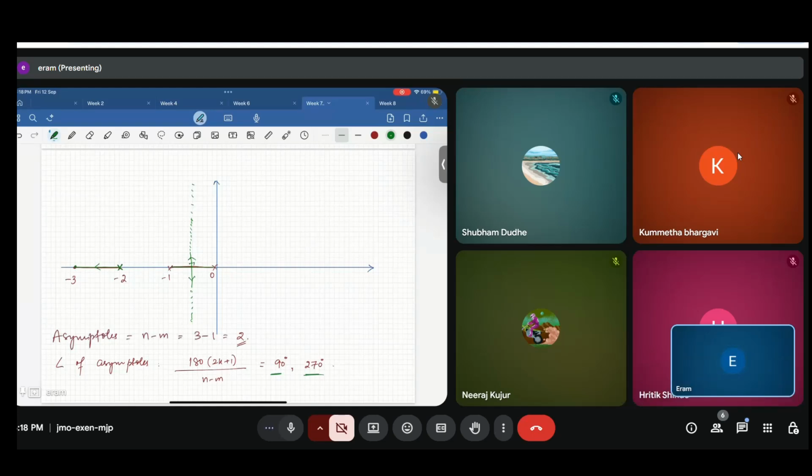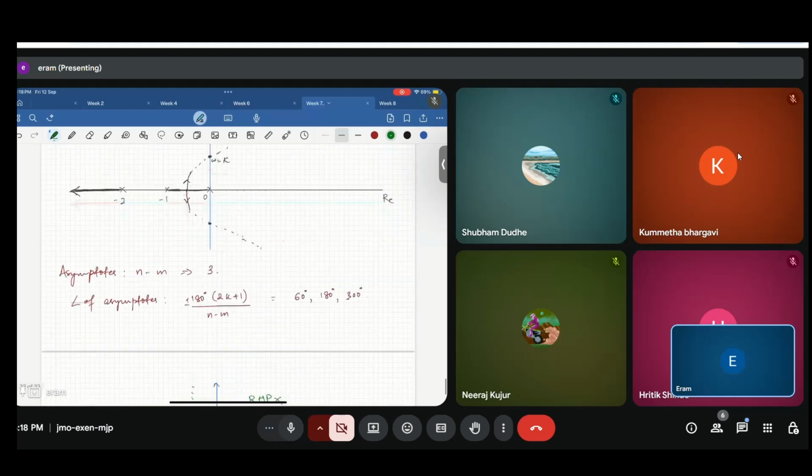So if you increase k, you will never cross the imaginary axis. And if you are not crossing the imaginary axis, you are not going to the right half plane, which means you will not have any positive closed loop poles.